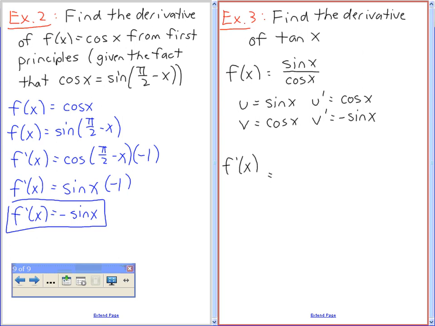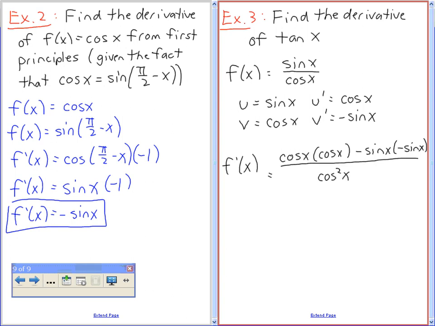It's going to be the derivative of the first one first, so cos x times cos x minus u times v prime, so sine x times negative sine x, all over my denominator squared, which is cos squared x.